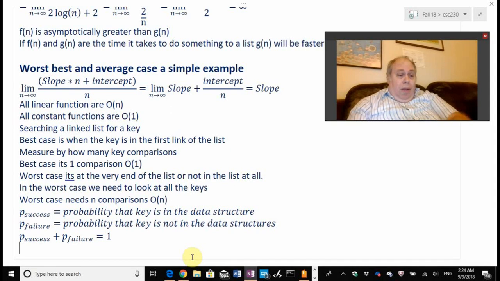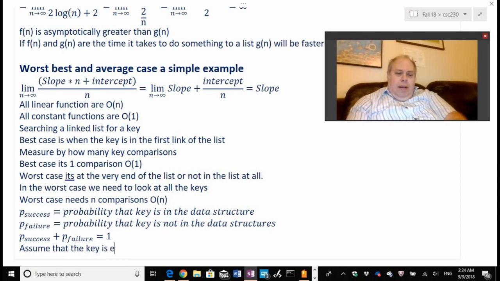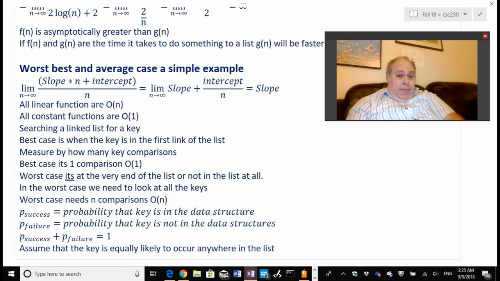Okay, we'll also assume another assumption. Now we need an assumption. We're going to assume that the key is equally likely to occur anywhere in the list. Now that's not necessarily true. It might be that we rearrange the list to move the more likely keys to the front or something. But we're going to assume right now we don't know that.